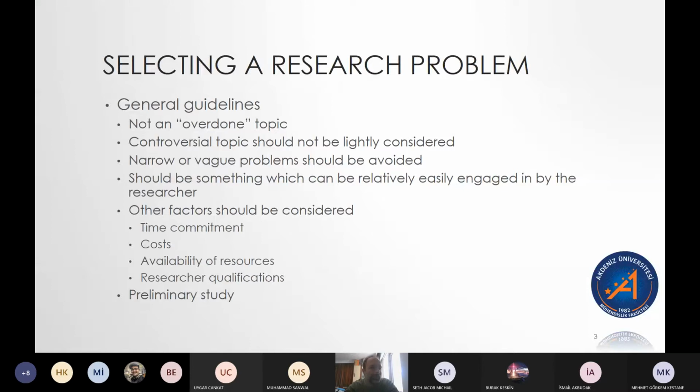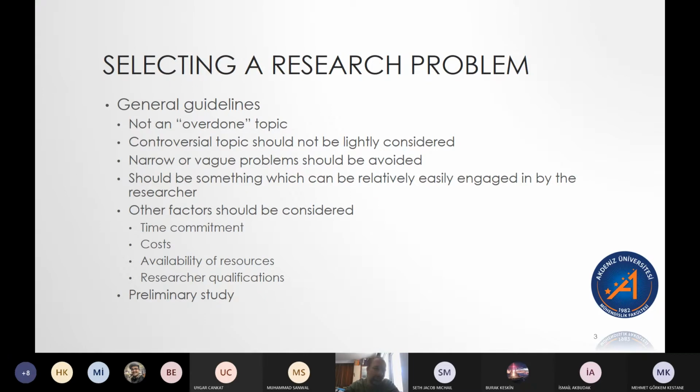So I'm not really going to select a topic for research that would require such a thing as that. Okay, so again, that's partially under the other factors being considered, the availability of resources. If we don't have access to them, then we probably need to consider other topics. Okay, yeah.